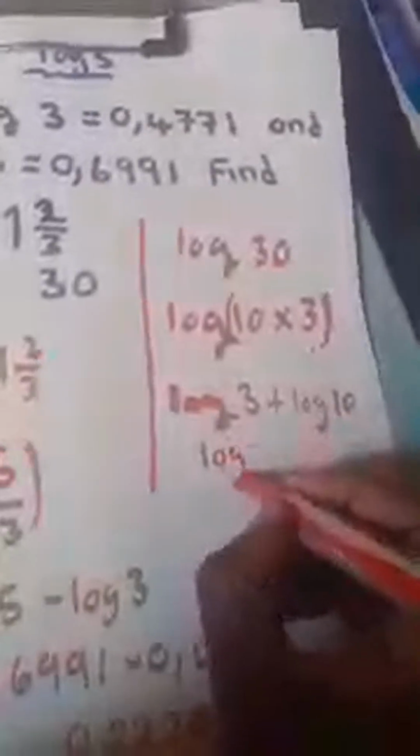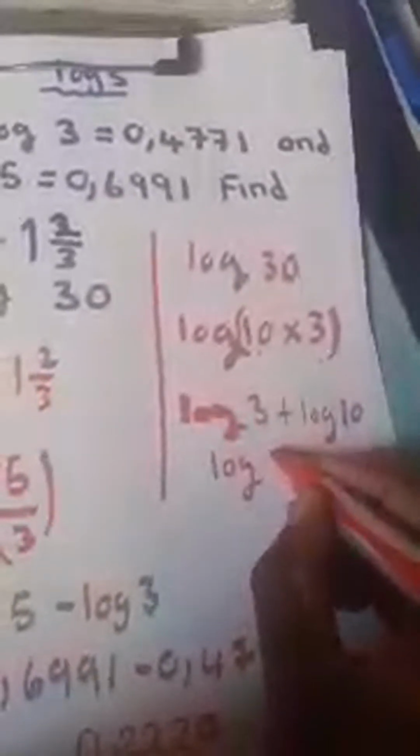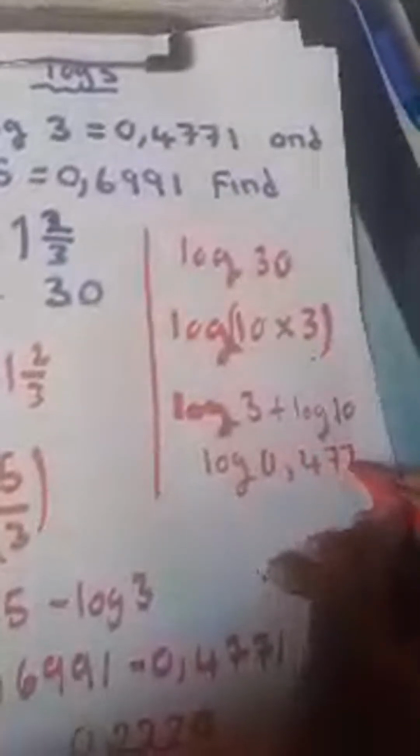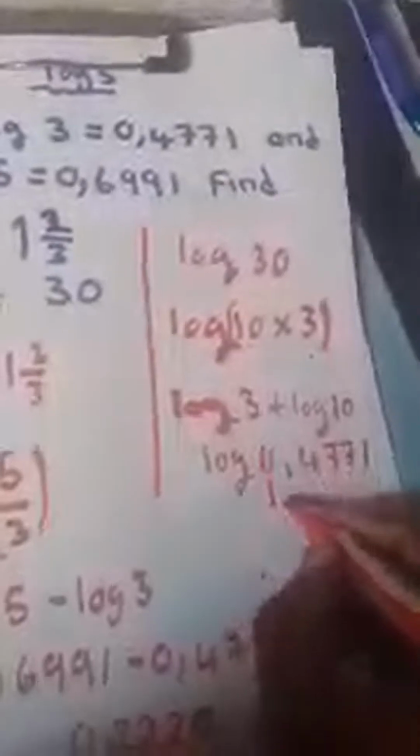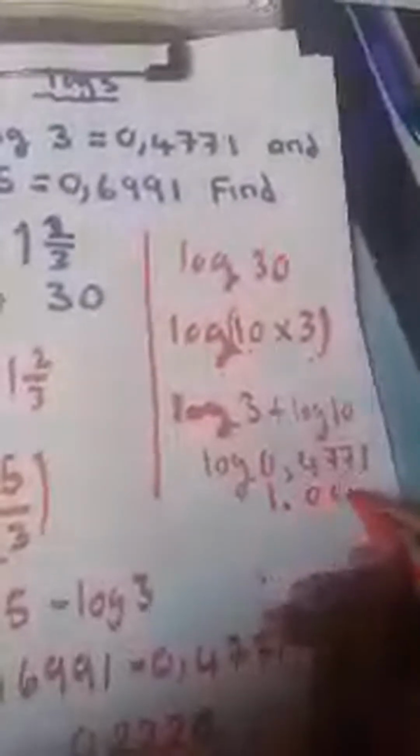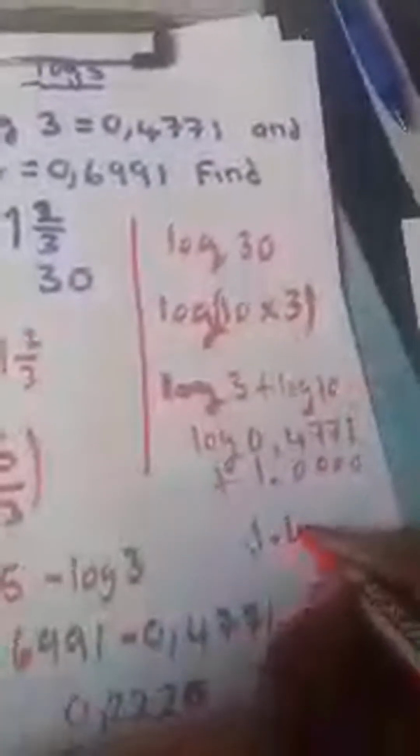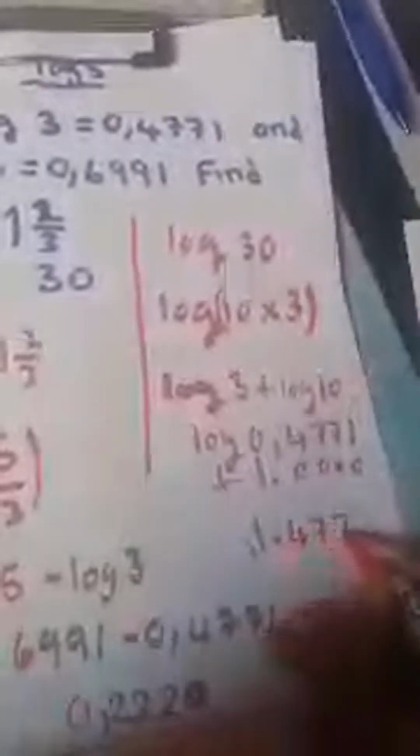So log 3 is what we are given, 0.4771, and log 10 is 1.0000. So we are adding. So we get 1.4771. That's log 30.